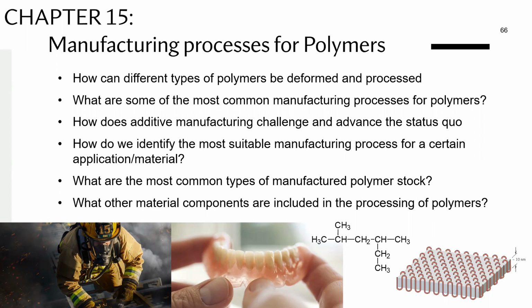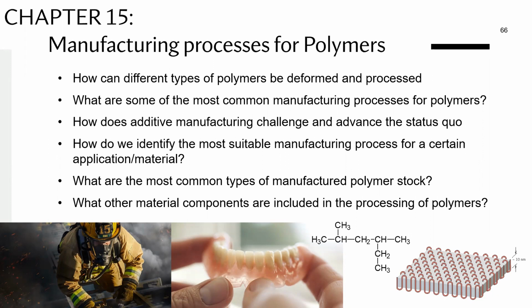Then we look at additive manufacturing and how that certain class of advanced manufacturing processes has contributed to producing manufactured parts. We're going to look at how we select a particular manufacturing process and what common types of manufactured polymer stock we have after the process is done.